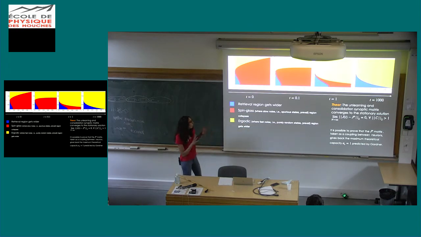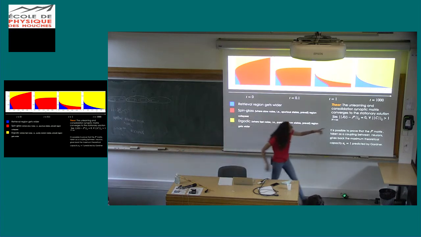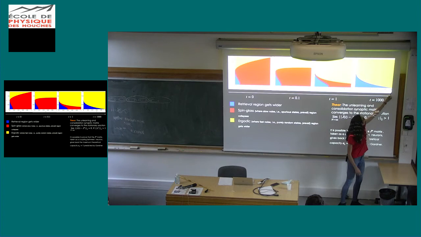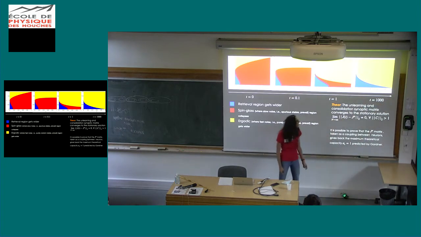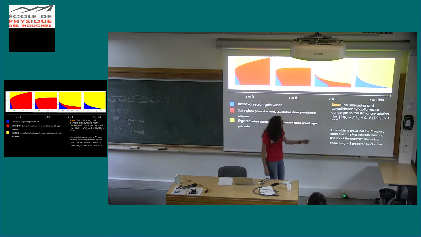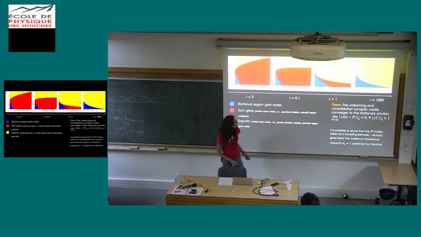So at the end, we have a perfect neural network that is ergodic, because we have noise, and also works as an associative memory. And I want to stress that here we find alpha equal to 1, as predicted by Gardner, and it is also possible to prove it in a more analytical way with this theorem.